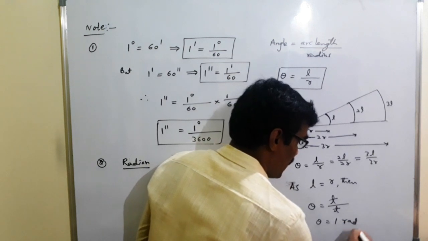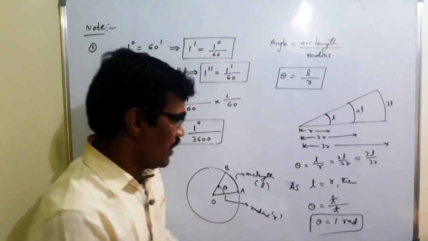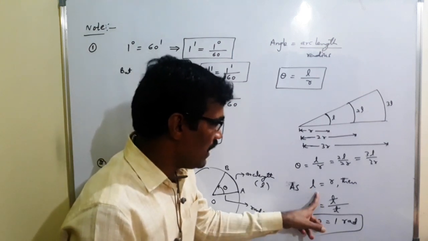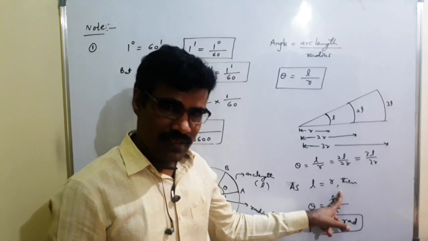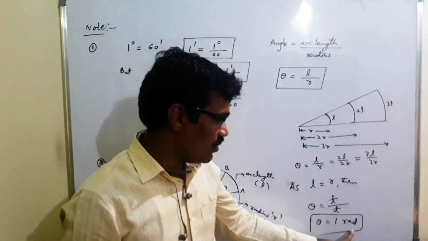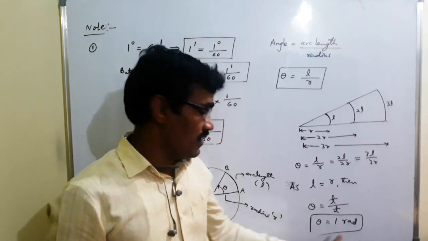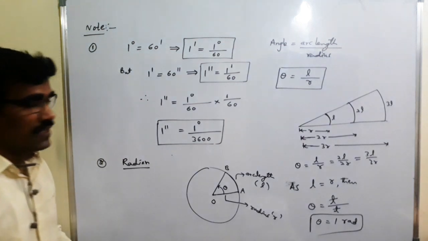Radian, 1 radian. Listen students, as arc length is equal to the radius of the circle, the angle theta is equal to 1 radian. Is it clear?